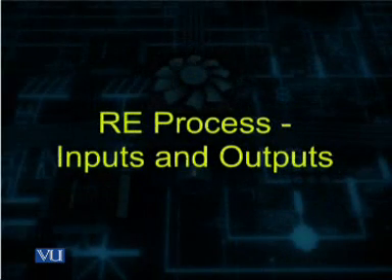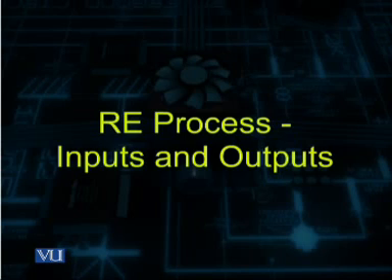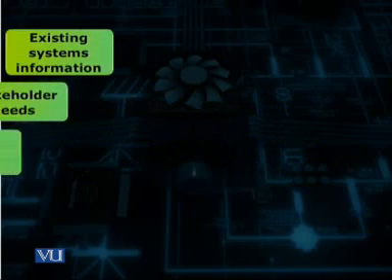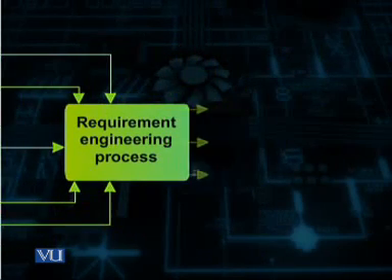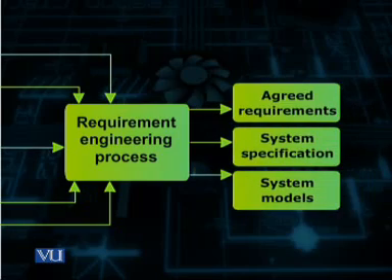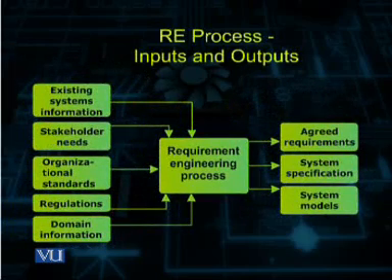software product. The next slide that you are seeing on your screen is an overview of the inputs and outputs of the requirements engineering process. As you can see, there are at least 5 different types of inputs coming in to the requirements engineering process, and there are up to 3 outputs from this process.